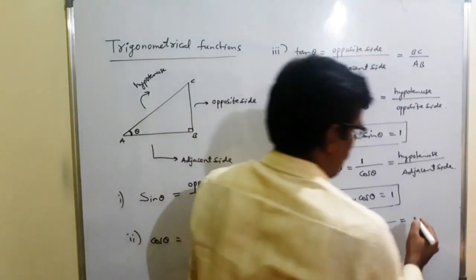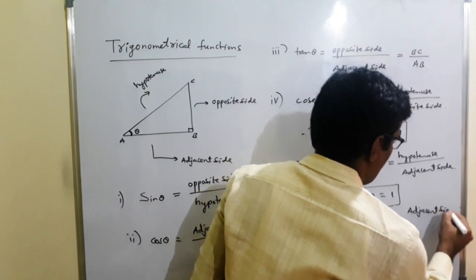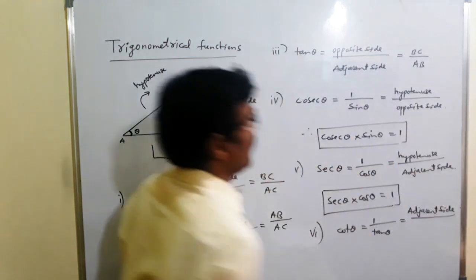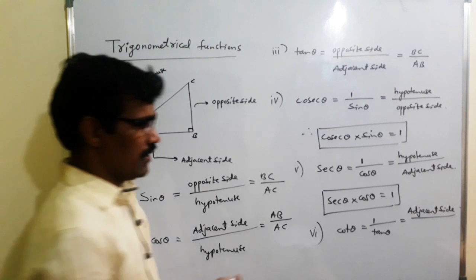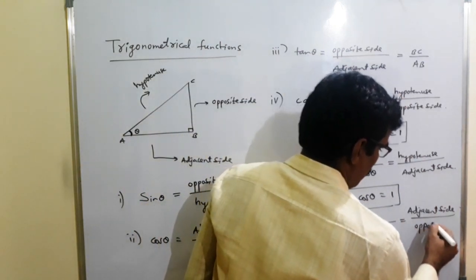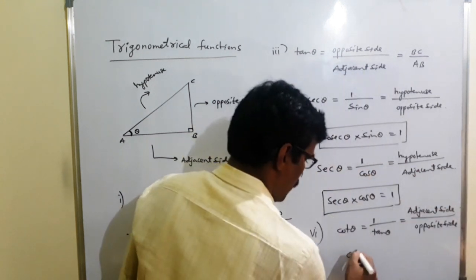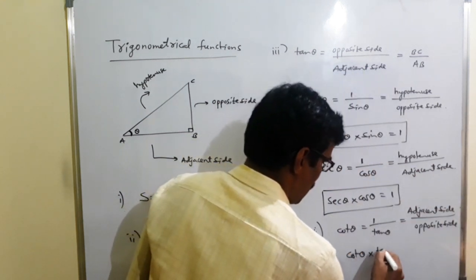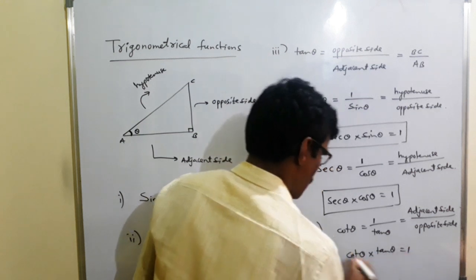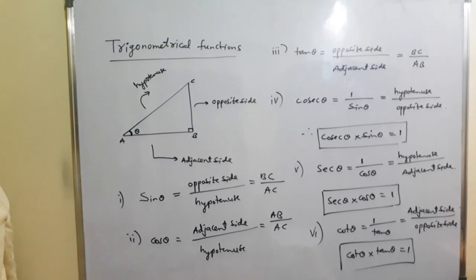That's why it is adjacent side divided by opposite side. Therefore, cot theta into tan theta equal to 1. Okay, write it.